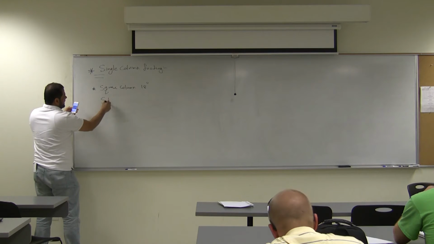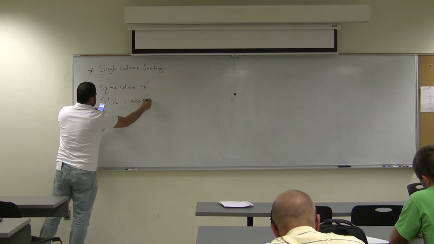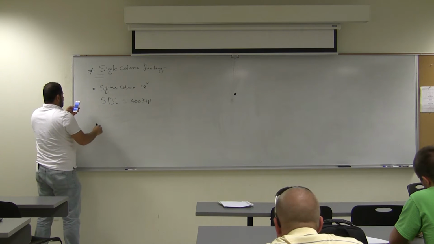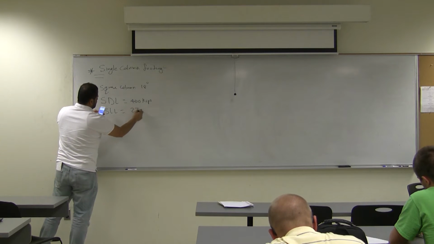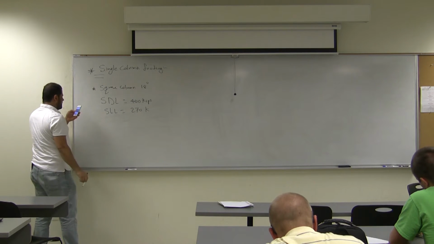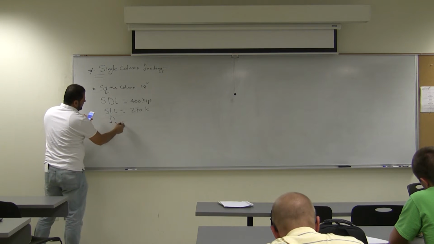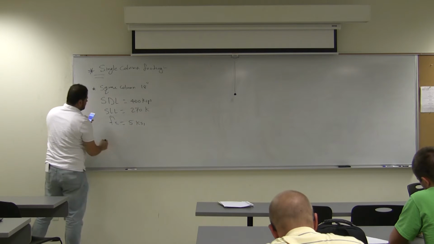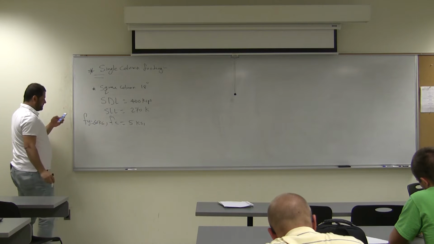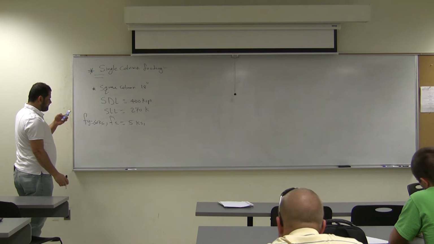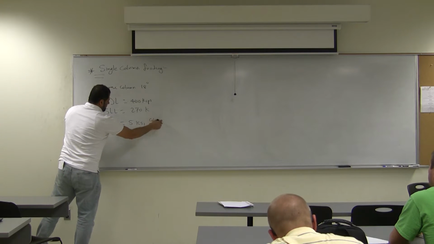Service dead load, SDL, equal 400 kips, and the service live load equal 270. Fy equals 60 KSI, F prime C equal 5 KSI. This is for the column, which we're not going to design.